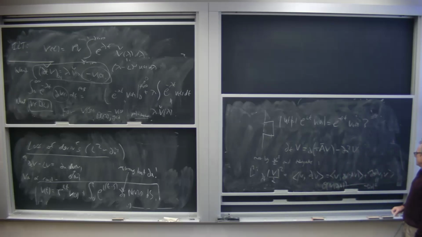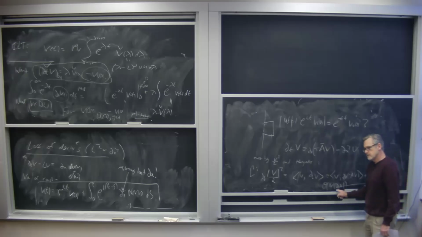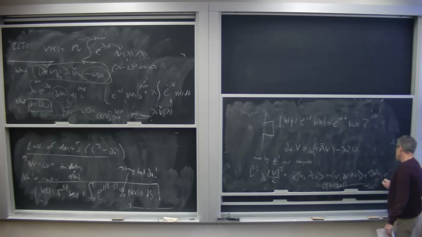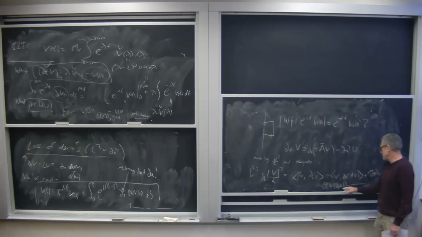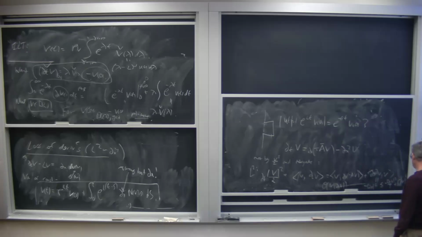And by Sobolev interpolation, this is less than or equal to negative dx v squared over 2. So I'll give up half of this good term, plus a large constant times v squared. So I can get rid of the, let's see, is that what I wanted? Yeah, that's what I want.